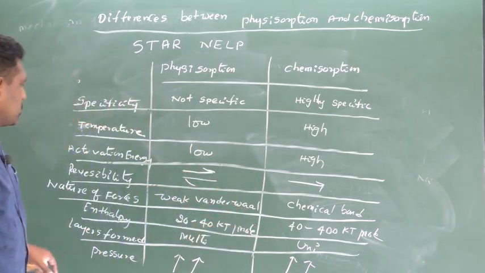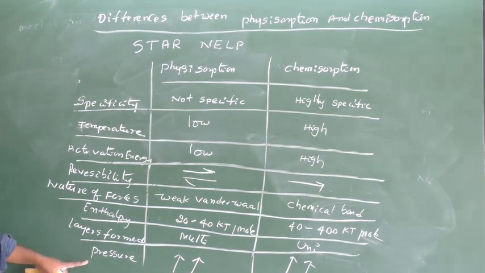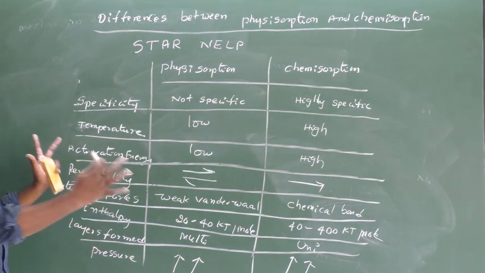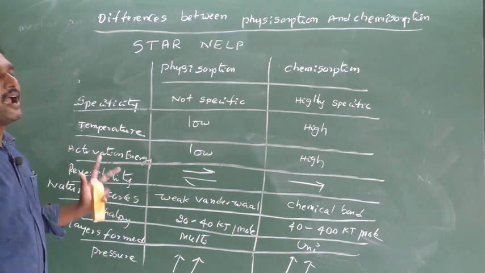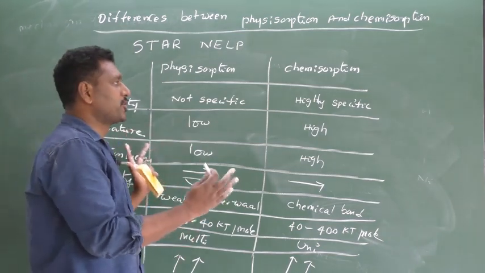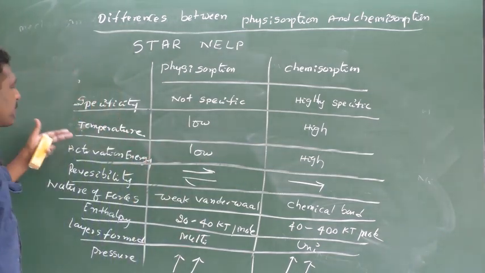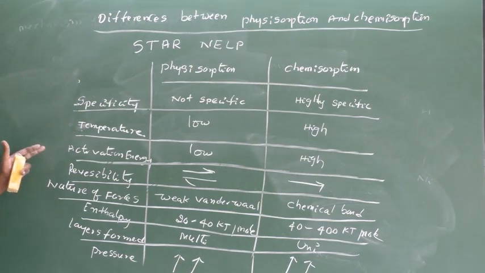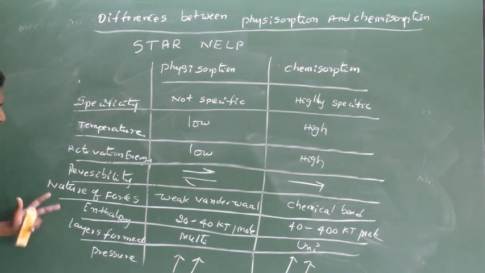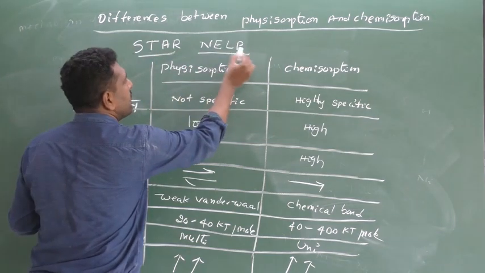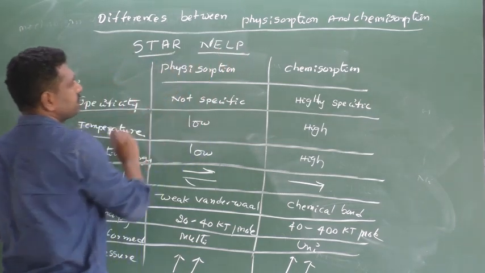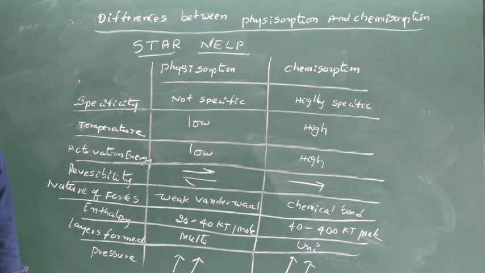P stands for pressure. So these are the differences between physical adsorption and chemical adsorption. In this sequence, how to remember? STARNEL.